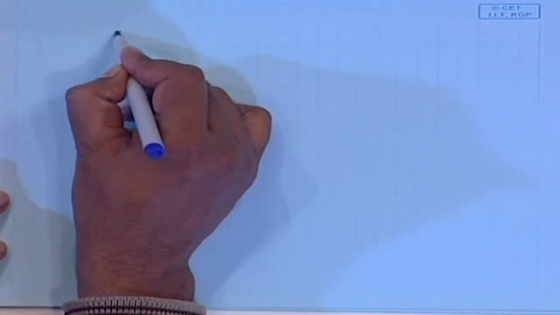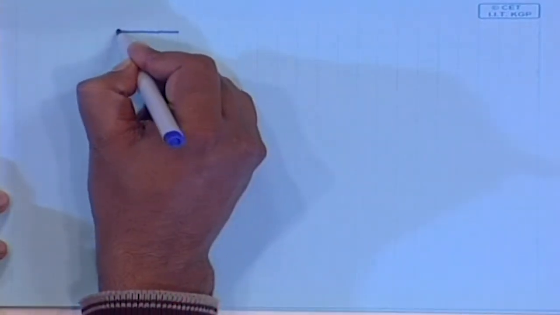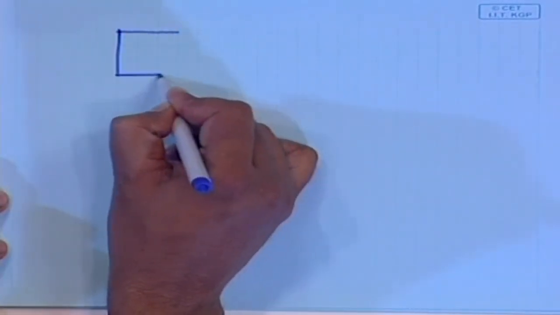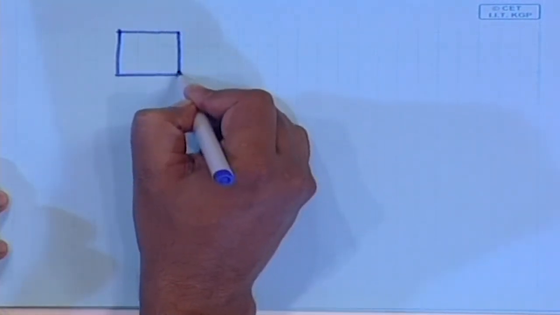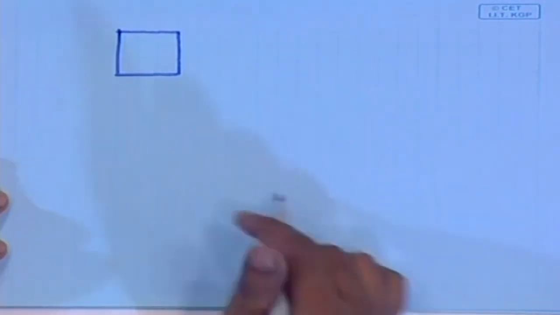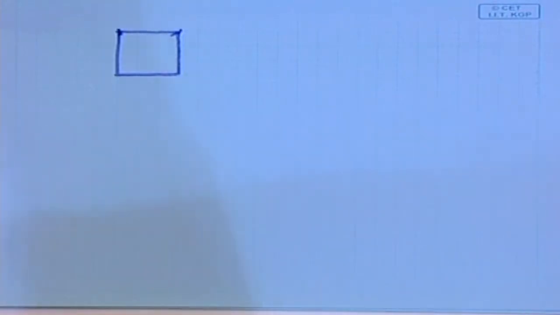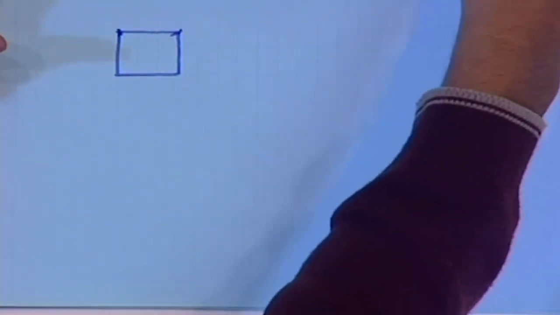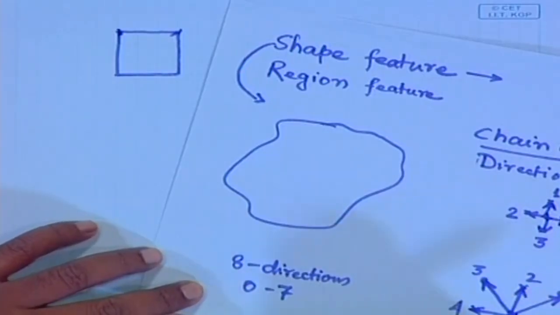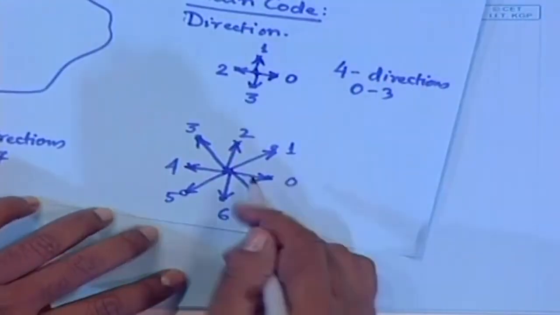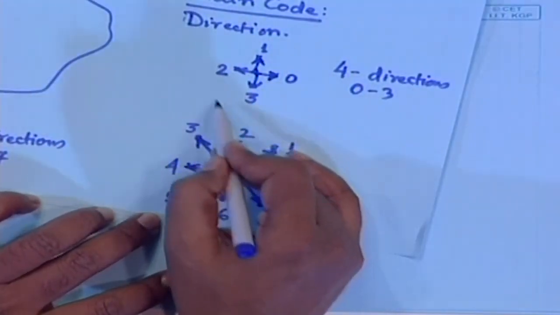So I have a rectangle. Okay. And let us assume that the length of each side of the rectangle is my unit distance, right? And let me also assume, to make the situation even simpler, that instead of 8 connectivity, I am considering 4 connectivity.